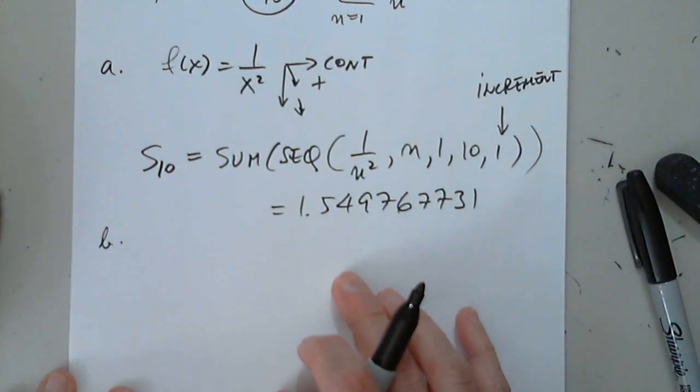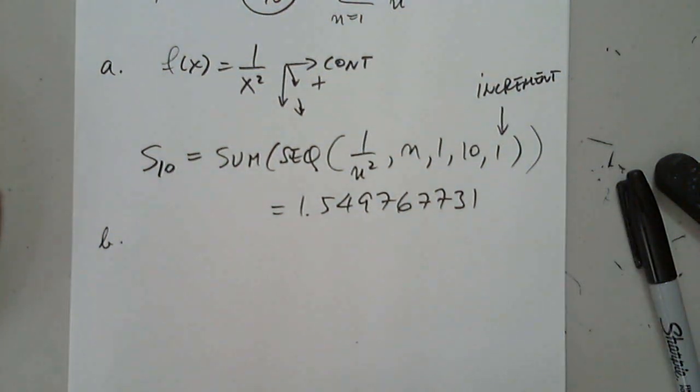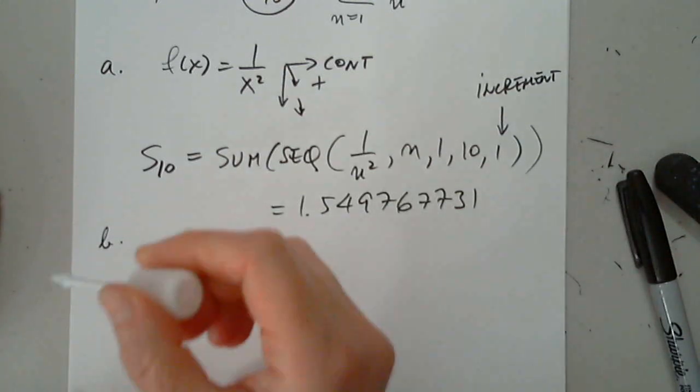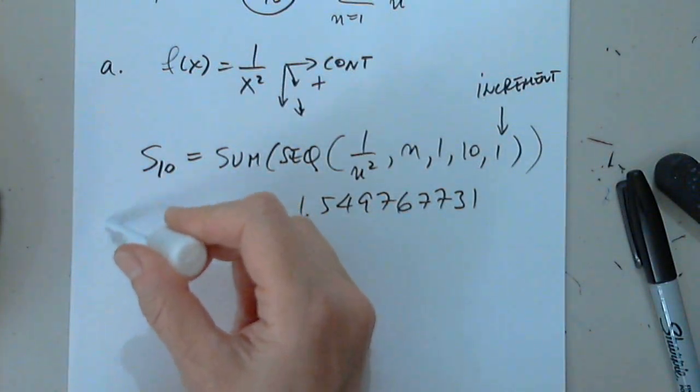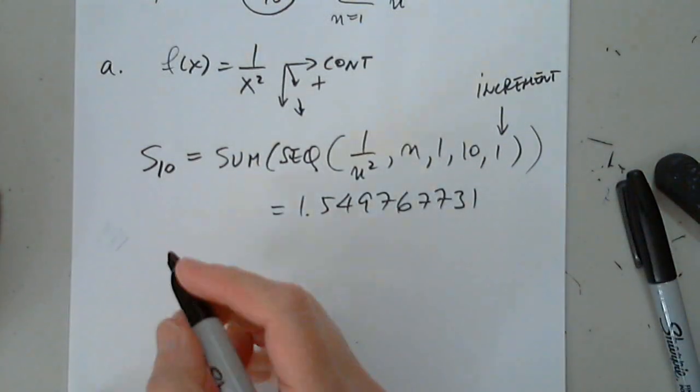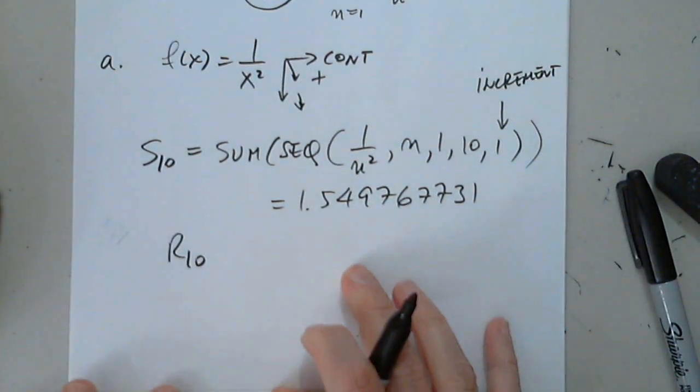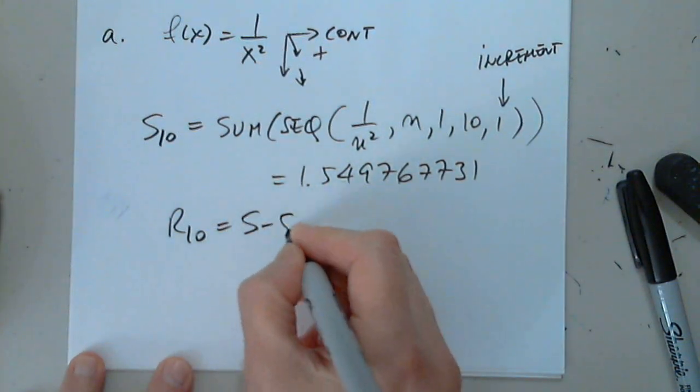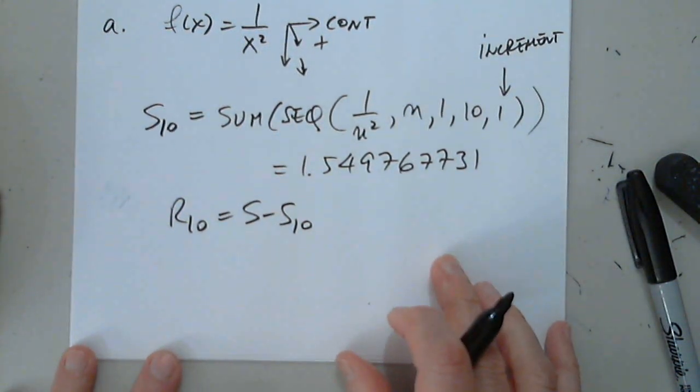So how good is this estimate? We're not in part B just yet. We want to determine R sub 10, or R10, which is S minus S10.